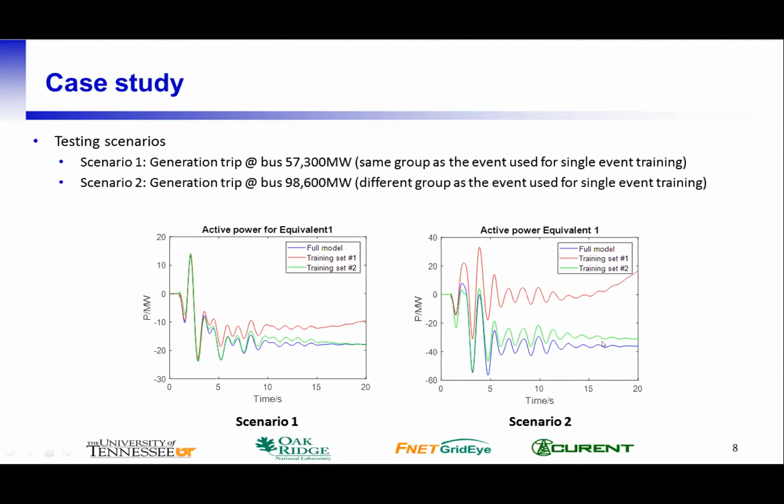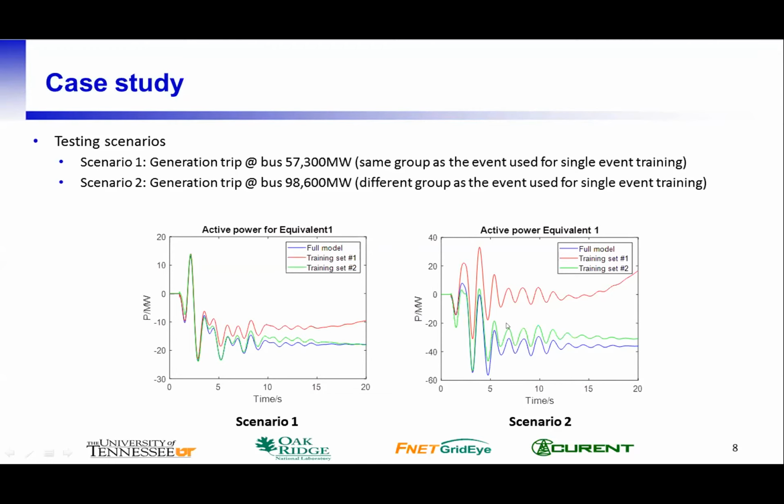For scenario 2, the test event belongs to group 3, which is significantly different from training set 1. It shows that the dynamics of the reduced model derived using training set 1 poorly match the full model response. By contrast, the equivalence identified using multiple events enhances the match very greatly.